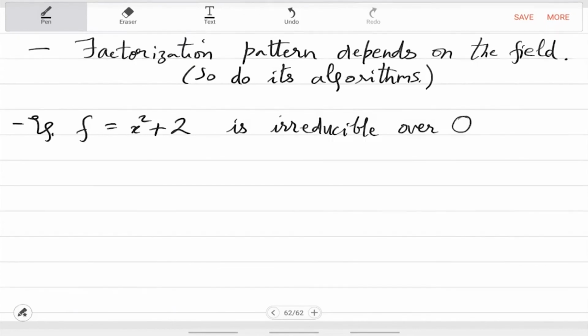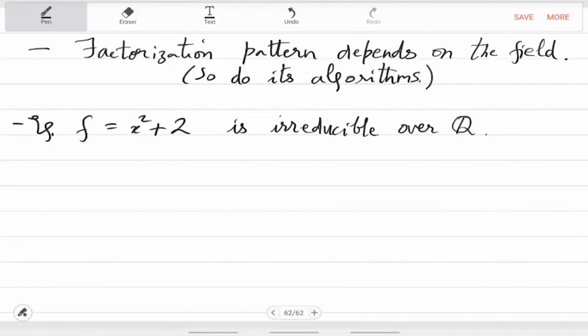Otherwise, it would have had a root, which is square root of minus 2. So you have to show that square root of minus 2 is not in Q. That's again a small proof, like the proof that square root of 2 is irrational. So by that proof, you know that x^2+2 is irreducible.